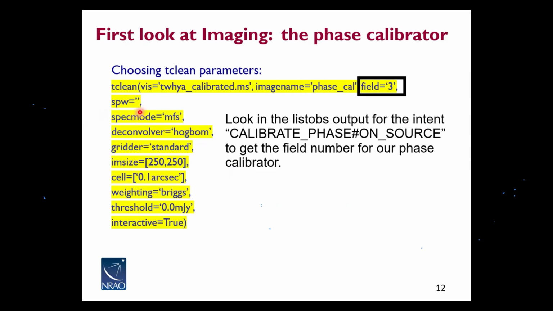So now we are using tclean. I'm going to go through all this command first, but you can definitely also copy and paste at this point. So right now we are setting field equal 3 to look at the phase calibrator, just because the phase calibrator is usually a point source, and imaging the phase calibrator would be pretty simple.